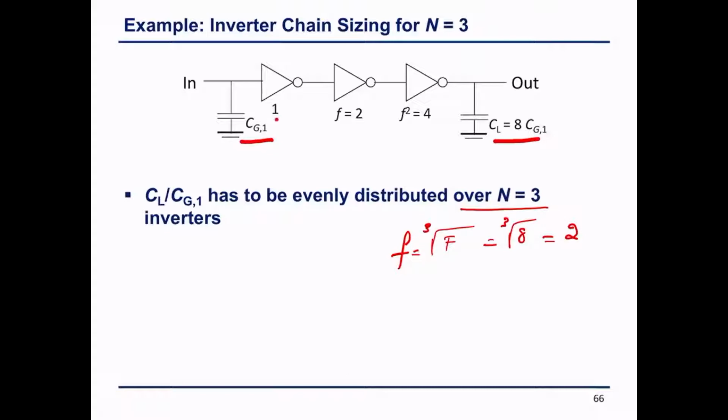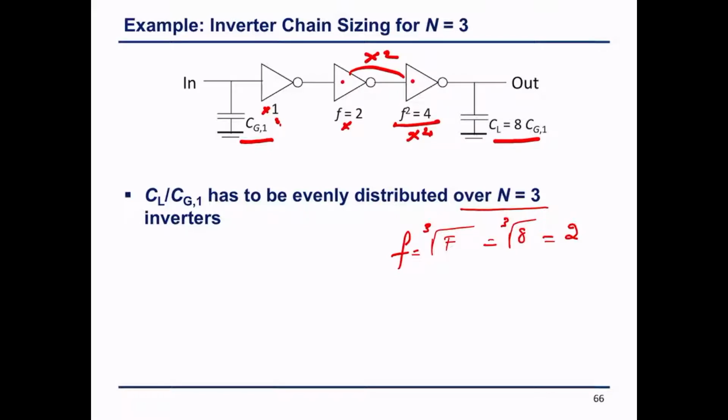If I start with the first inverter times 1 minimum size, the next should be times 2, and the next should be times 4. So the absolute sizing of each stage is times 4 compared to the first one.